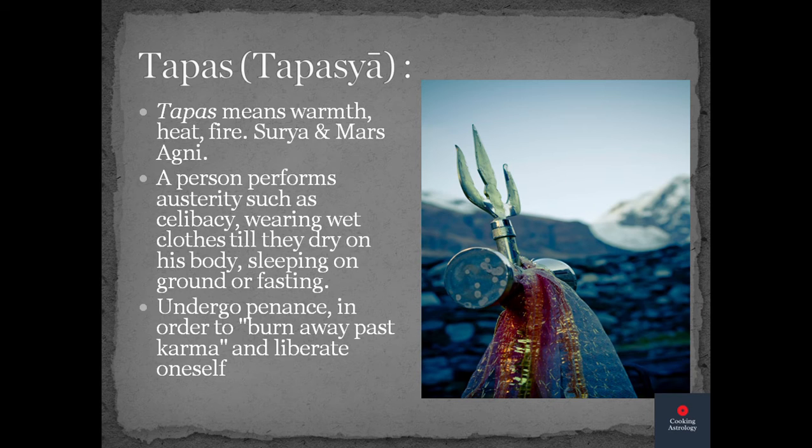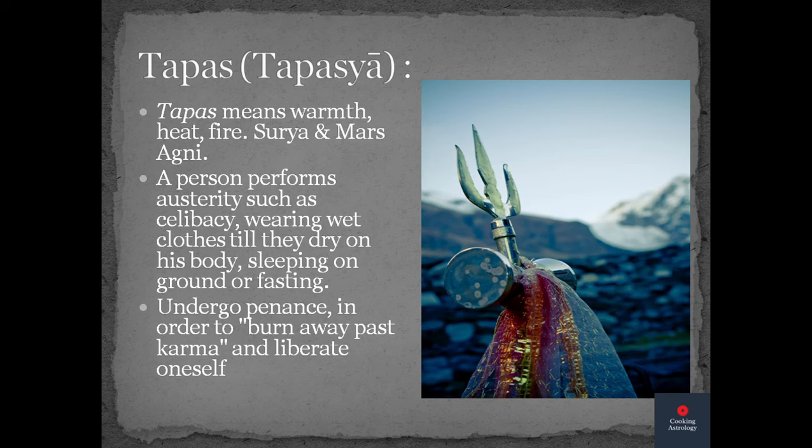It is a trident. In the picture, you can see the trident with the damru. And this is the trident which is going to give you the phal of your tapasya. The fruits of your tapasya you are going to get only because of Lord Shiva, because it is a Yoga Agni.